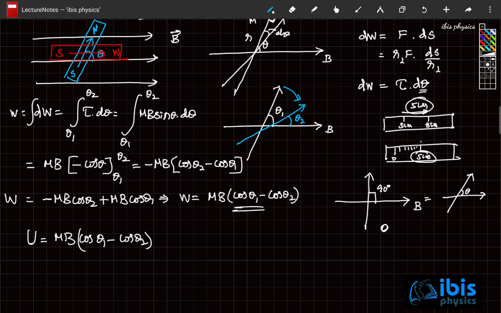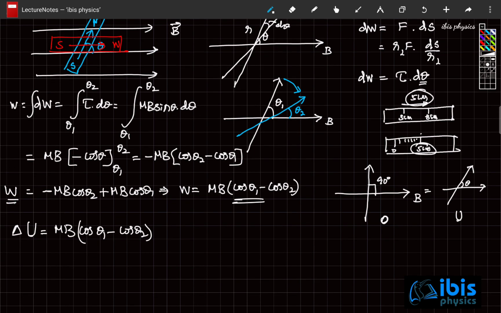So the initial energy is actually 0. Whatever amount of work is done, that much energy will be either increased or decreased in the system. So the total difference in energy is the difference between the energies.